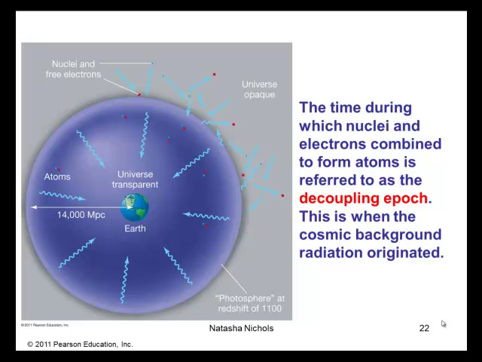Thus, observations of the cosmic background radiation allow us to study conditions in the universe around a time when the redshift was 1100 and the temperature had dropped below about 3000 Kelvin. For an explanation of how we can see a region of space 14,000 megaparsecs, or 46 billion light years away, when the universe is just 14 billion years old, please refer to your textbook, more precisely section 24.1.